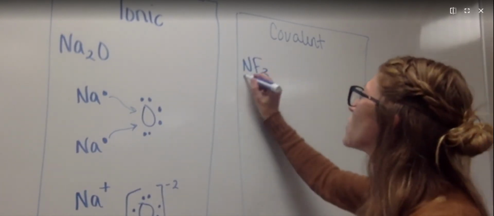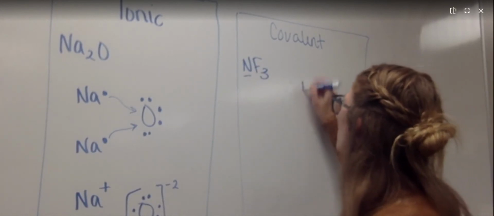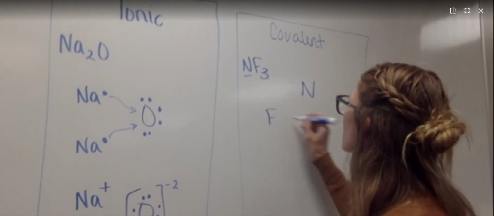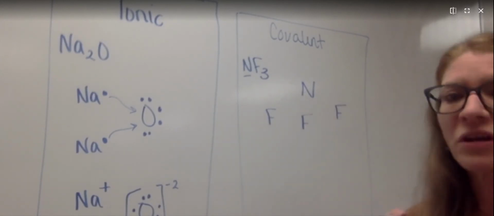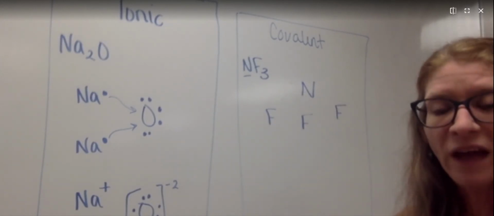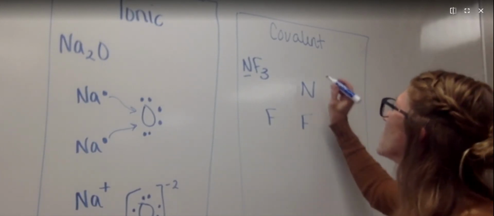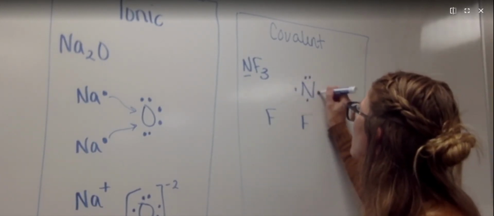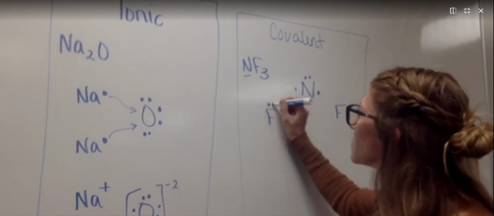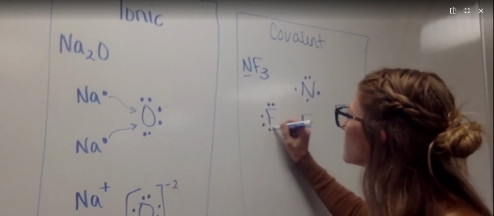So nitrogen will be our central atom. So we're going to put nitrogen in the middle and the 3 fluorine atoms around it. So again, you have to count up and add in your valence electrons. So nitrogen has 5 valence electrons. Fluorine would have a total of 7.